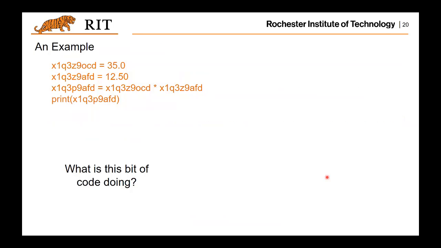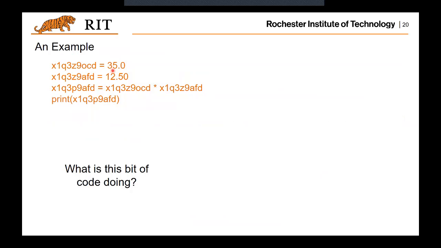All right, we have an example. So basically, we define this XYQ3Z90CD variable, which is fine, not perfect. It follows all the rules, so there's no problem defining it.